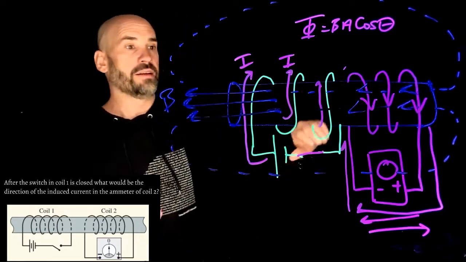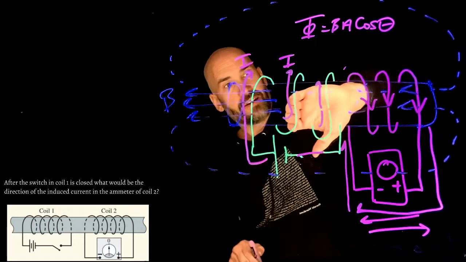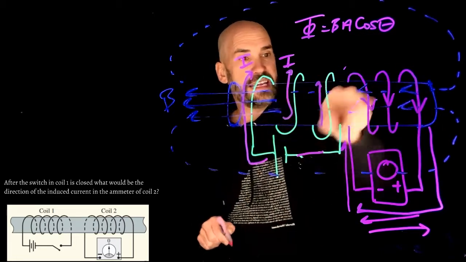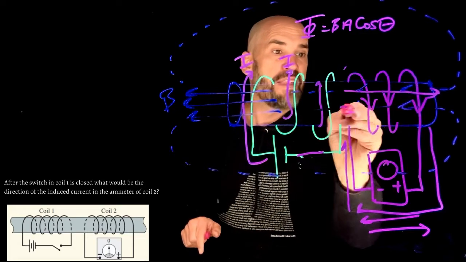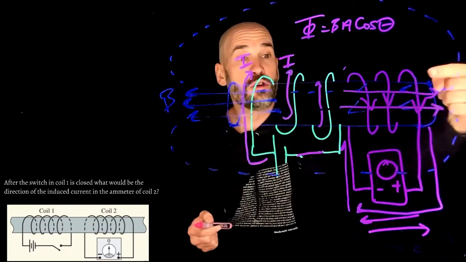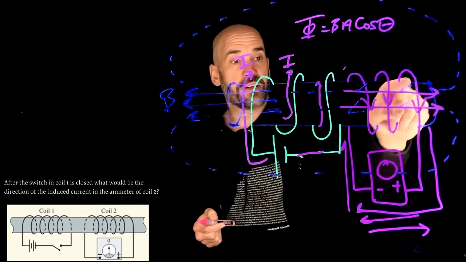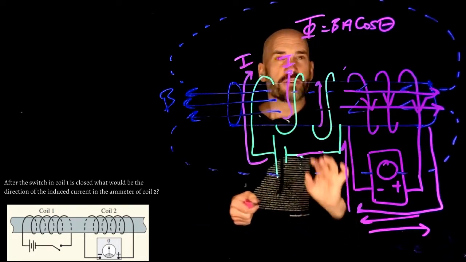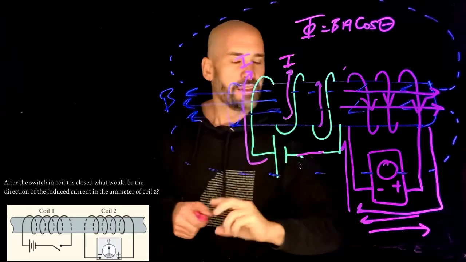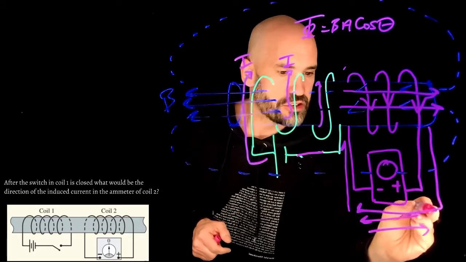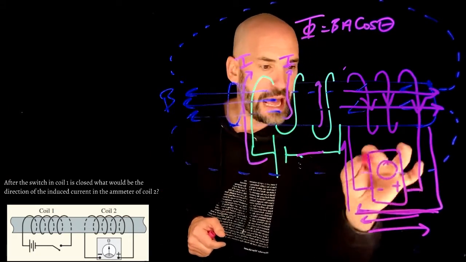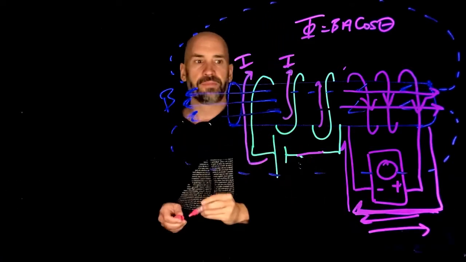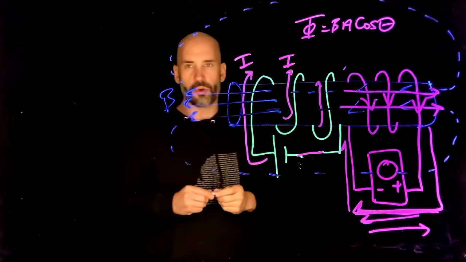That, once again, is going to create a magnetic field through this solenoid in this direction, and that magnetic field will cancel the new flux due to this battery that was coming this way. And now it's happy again, so at least for a little while, there will be a current flowing in this direction, so that through the ammeter, it's going to flow from right to left, or in other words, positive to negative. All right. Whew.